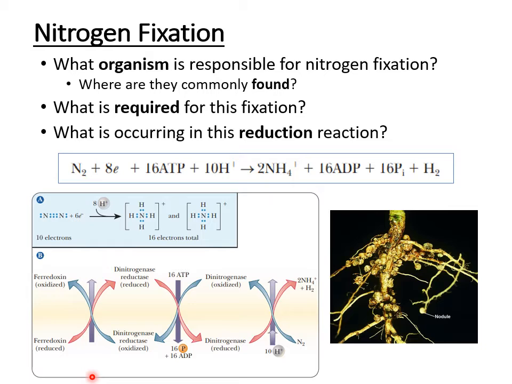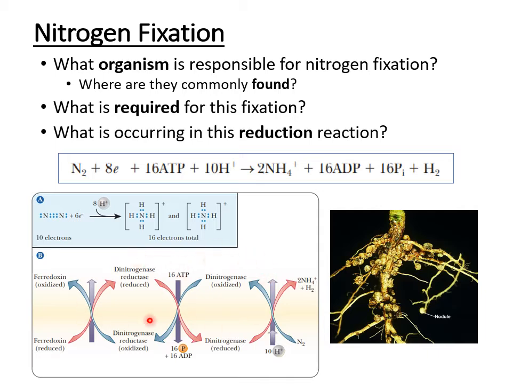Now, what's actually required for this to happen, some of the terminology that you see in this figure here. So there's what's called the nitrogenase enzyme complex. It includes ferredoxin, dinitrogenase reductase, and dinitrogenase, okay?